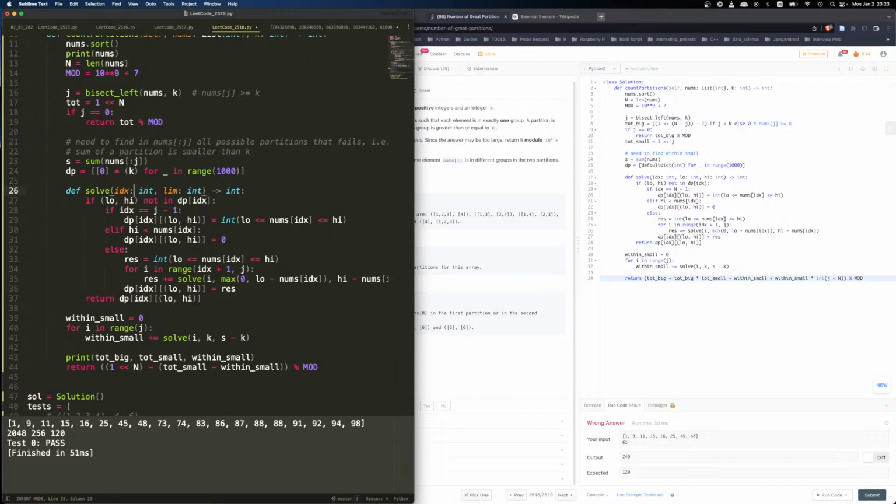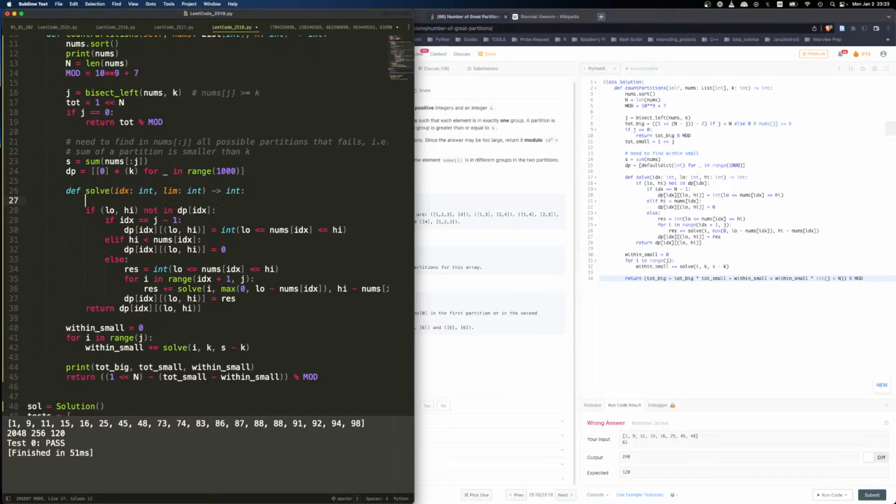Index, okay. So we say if we want to find from this to the end, how many of these will be smaller or equal to limit. Now it has to be -1.